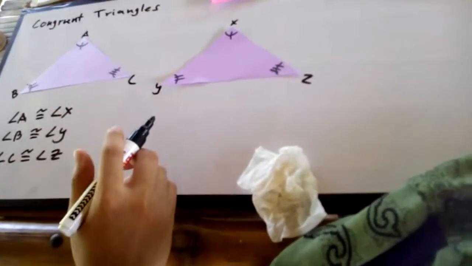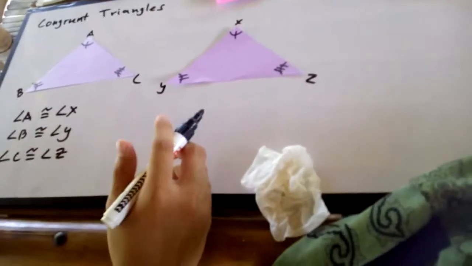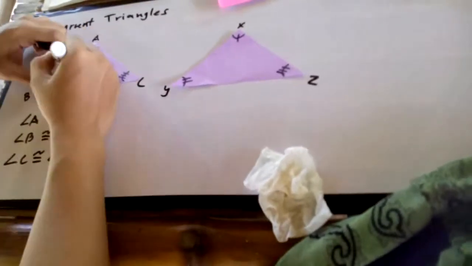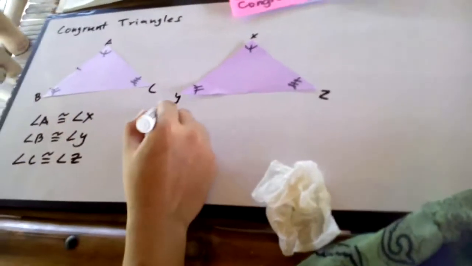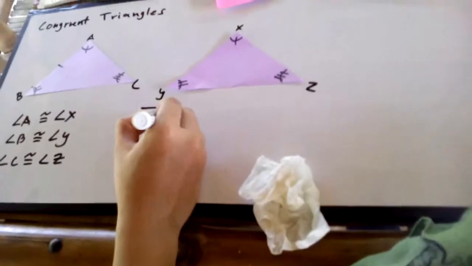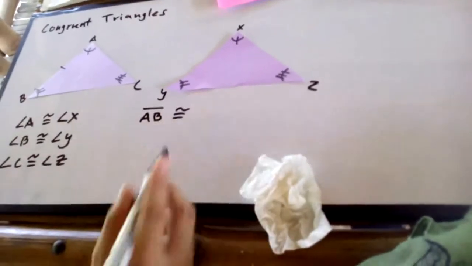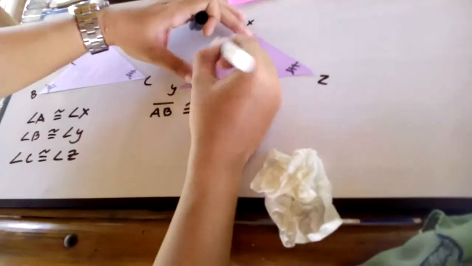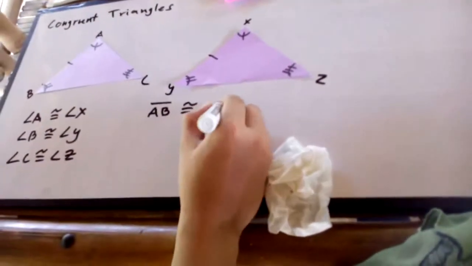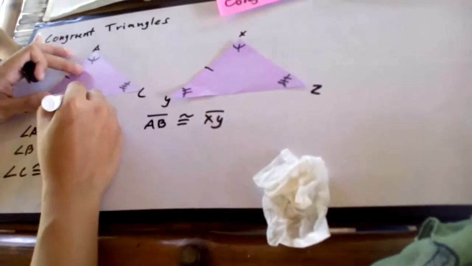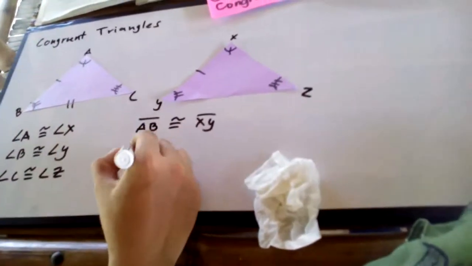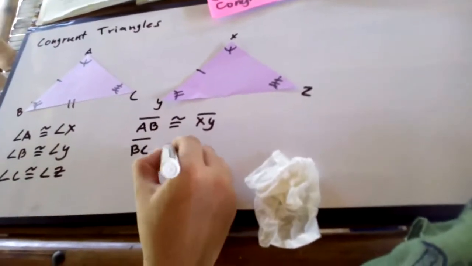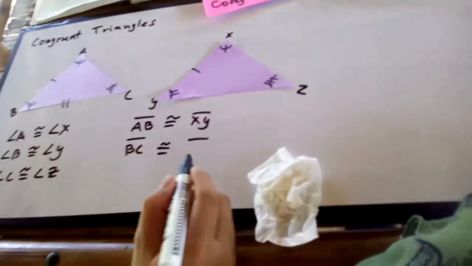The next step is to determine the corresponding sides. Side AB is congruent to what line? Side XY. Side BC is congruent to what side?